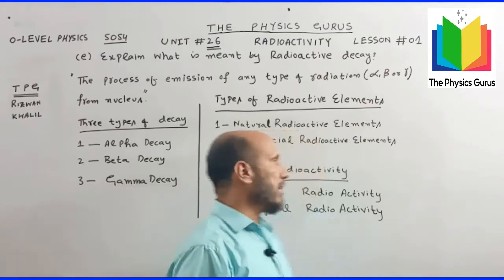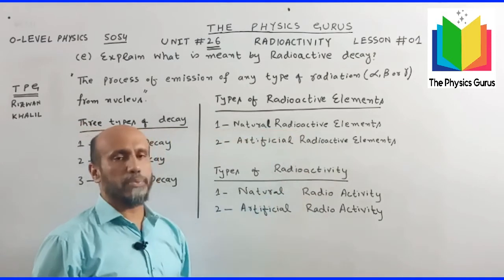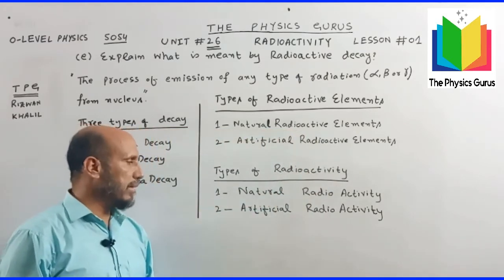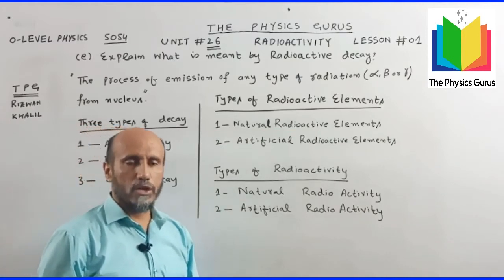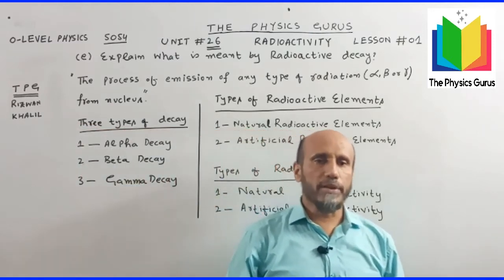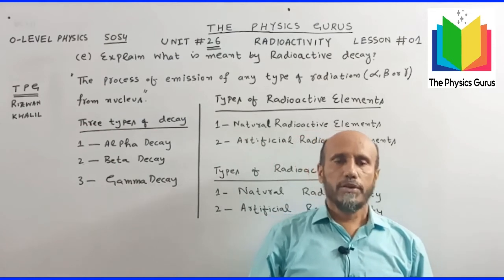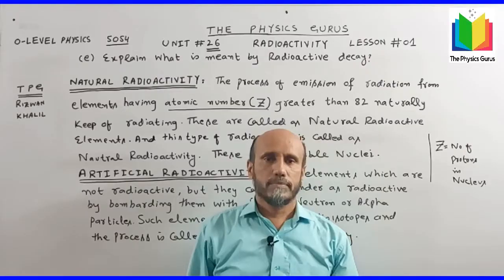Likewise, there are two types of radioactivity as well. Number one, natural radioactivity, and number two, artificial radioactivity. Now I will explain these two different types of radioactivity as well as the two different types of radioactive elements.